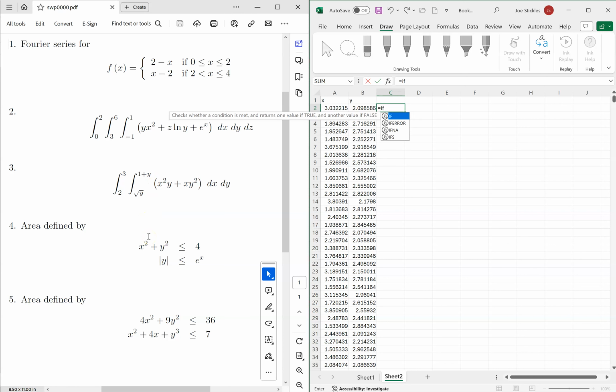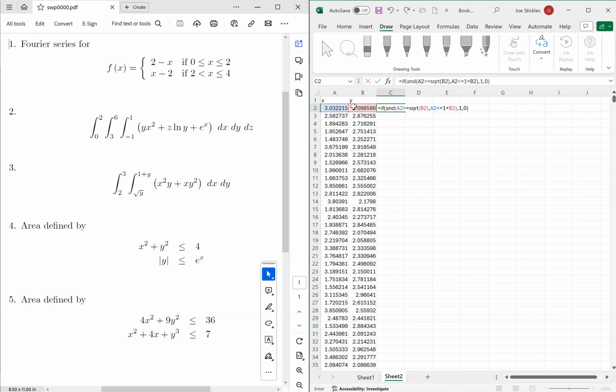So I'll use the if command. I need to make sure it's in between those two things, so I also have to use the and command because it needs to satisfy both of those at the same time. If my x coordinate is greater than or equal to the square root of the y coordinate, separated with a comma, and the x coordinate is less than or equal to 1 plus the y coordinate, then we want to use the point, otherwise we don't.